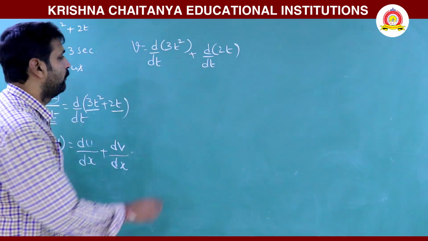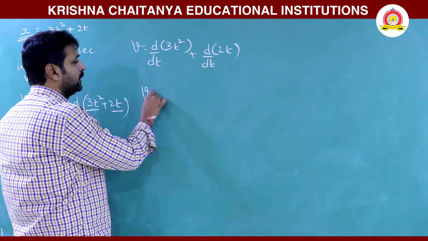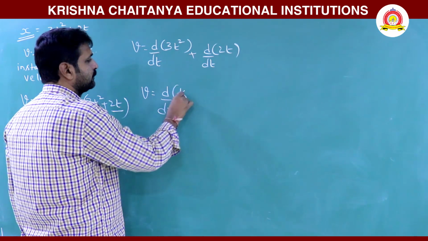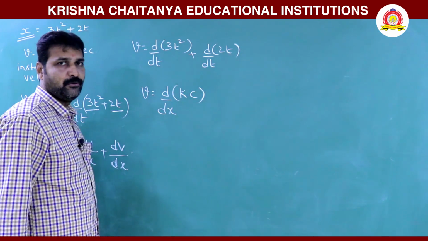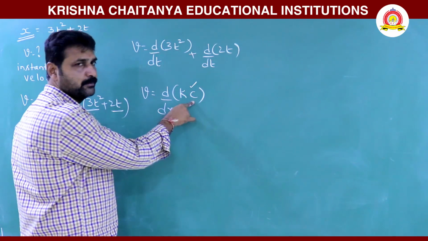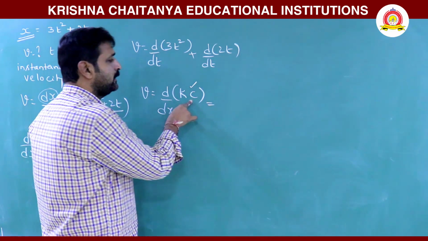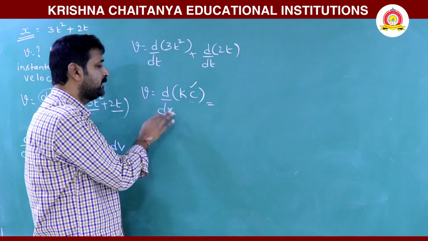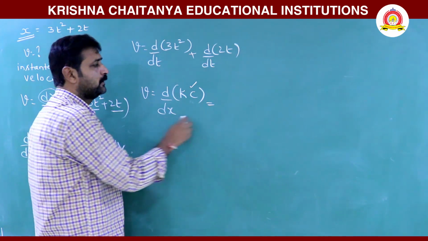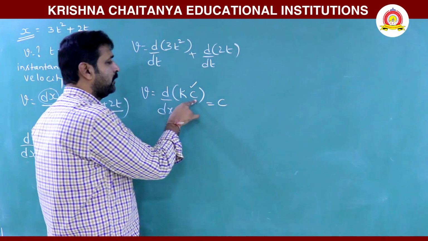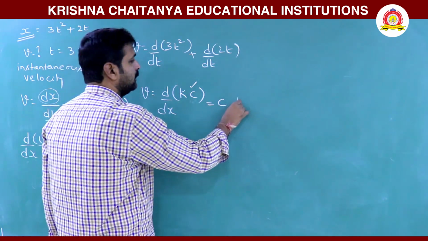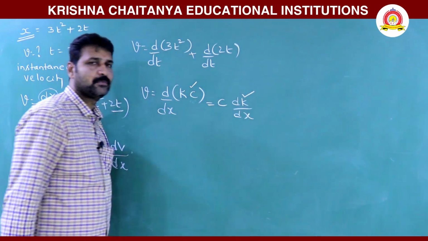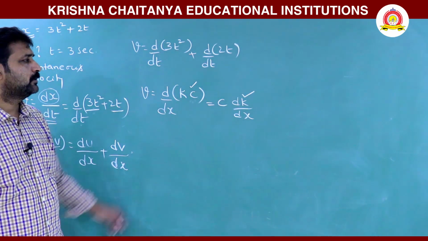So when such a case is there, if we have d by dx of kc, where c is some constant, then the constant will not be in the differentiation because it does not change with the variable. So you take c outside the differentiation and differentiate the variable k.